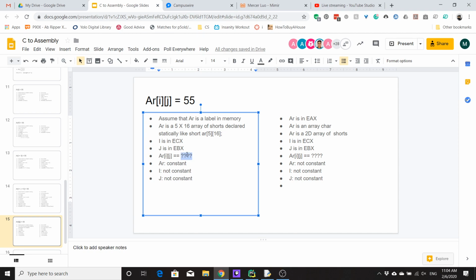So given this new information, how does this translate over? It's going to be AR plus J.